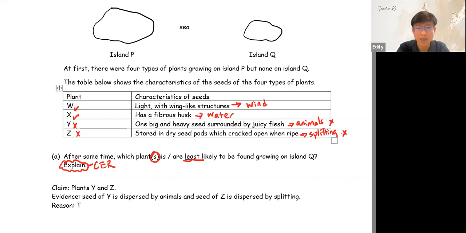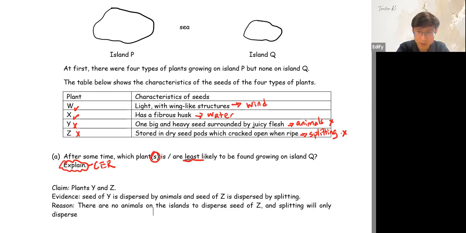Because there are no animals on the islands to disperse the seeds of Y. And for splitting, it will only disperse the seeds near the parent plant and not across the sea.